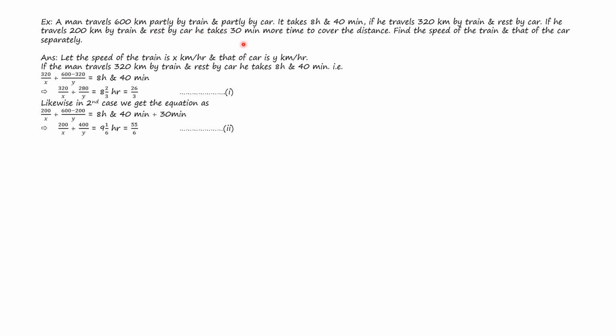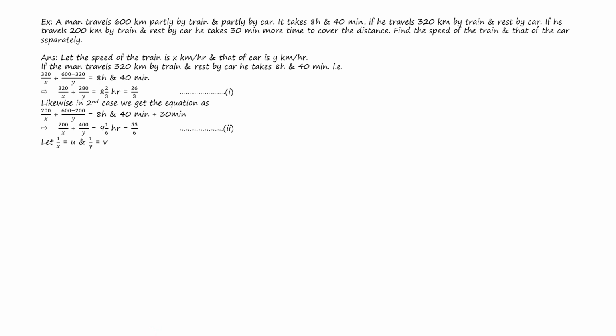And because of this, it takes 30 minutes more than the previous time. So it is 200/x + 400/y = 8 hours 40 minutes + 30 minutes, that means 9 and 1/6 hours, which is equal to 55/6 hours.